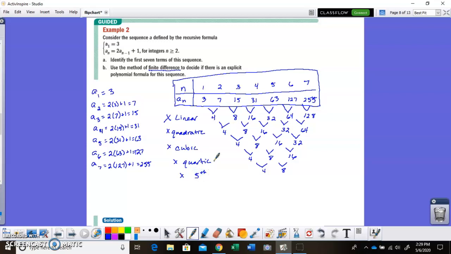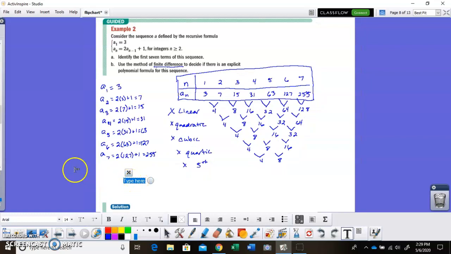So the most we can say for this example is that this recursive formula cannot be represented by a polynomial function of degree 5 or less.